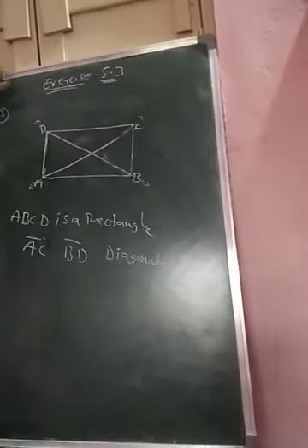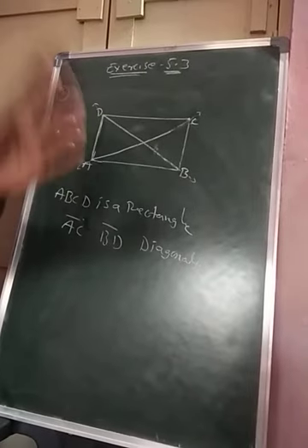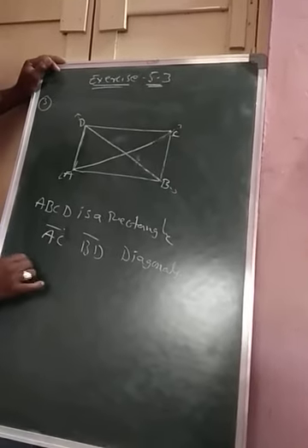Now see, in this how many intersecting lines are there, how many parallel lines are there, how many perpendicular lines are there. First of all, parallel lines.